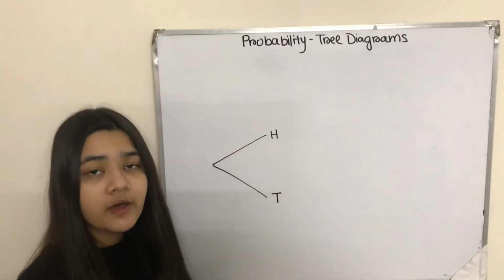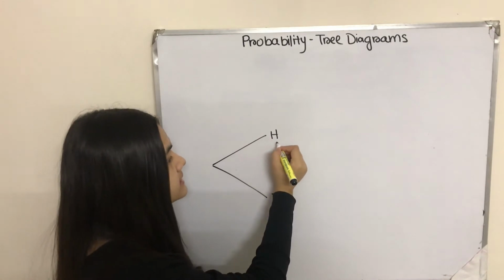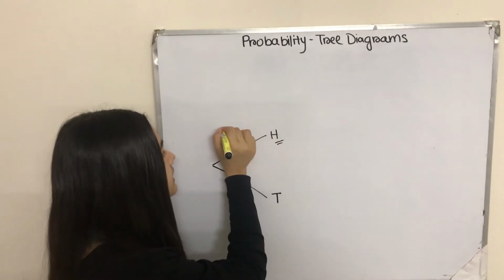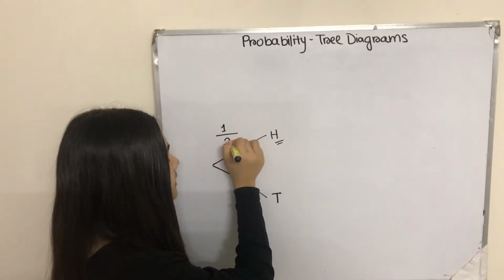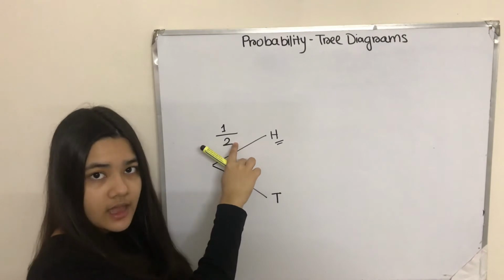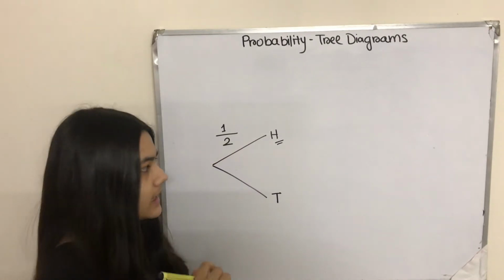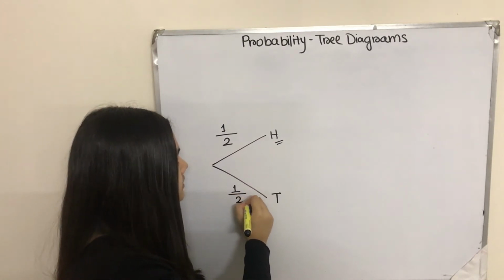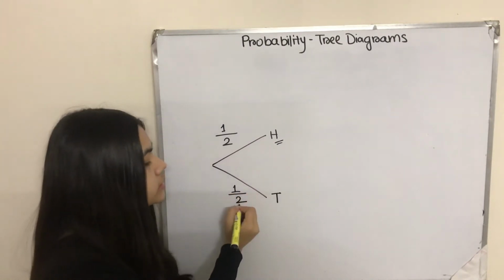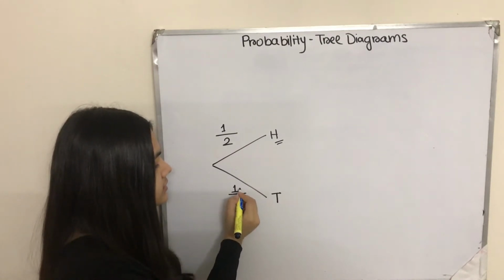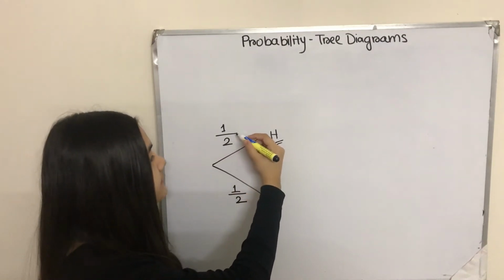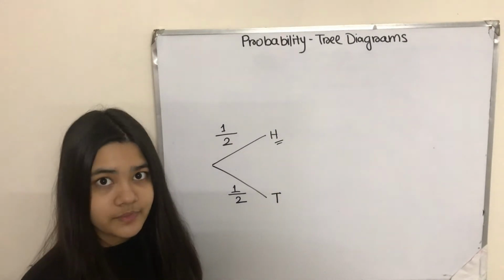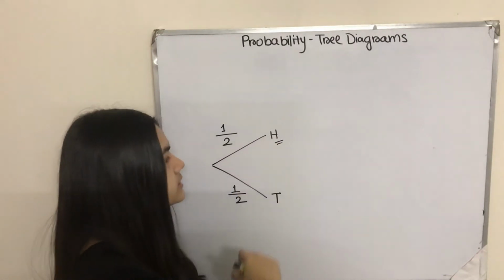As there are 2 possible outcomes and one of them is heads, the probability of getting heads is 1 by 2. Same with tails. One of the possible outcomes is tails and there are 2 possible outcomes, so it is 1 by 2. Now see, if you add 1 by 2 and 1 by 2, we get 1. So if you add the branches, you'll get 1.